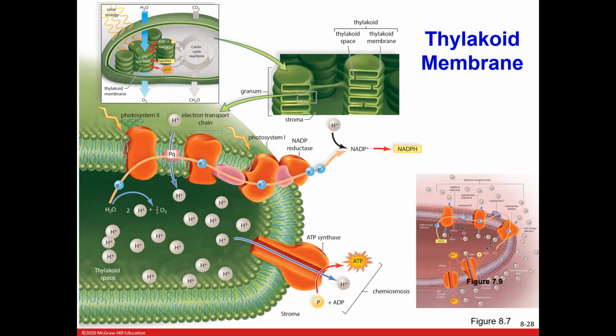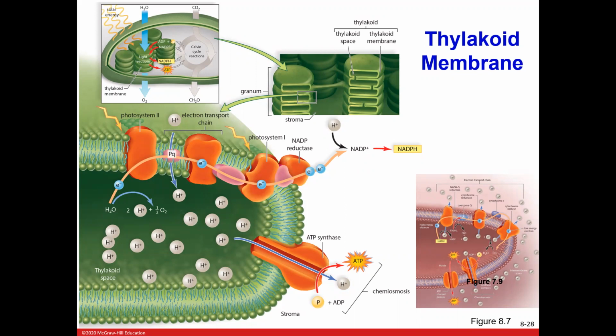Okay, electrons are boosted in energy. They're fed into the electron transport chain. Now here we can see this element here is actually a proton pump, right? This element PQ, it's a protein. It's going to move hydrogen ions from the stroma into the thylakoid space. Does that make sense? So we have two different things that are contributing to the hydrogen ions.